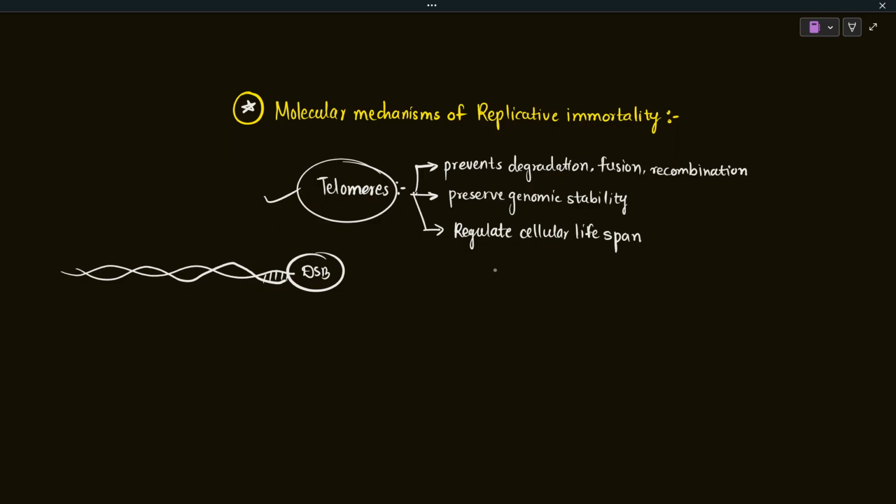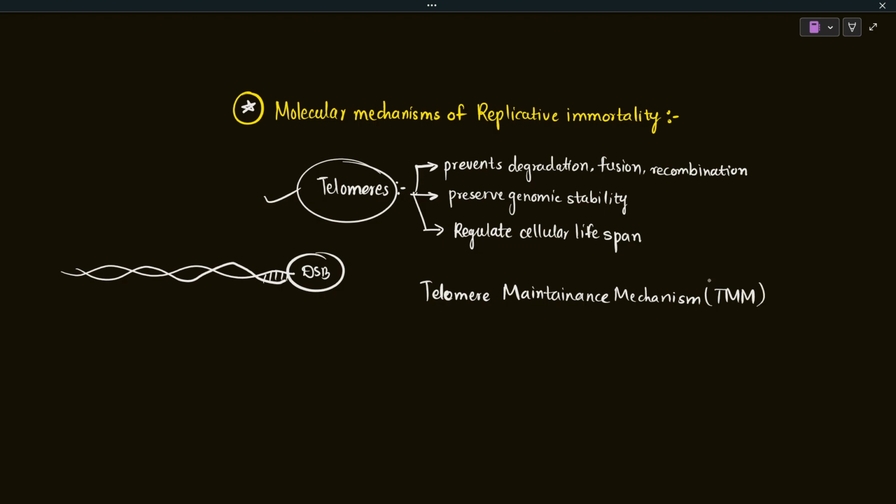So how do they do that? Cancer cells bypass this limitation by reactivating telomere maintenance mechanisms. There is something known as the telomere maintenance mechanism, TMM. I'll be writing it as TMM.